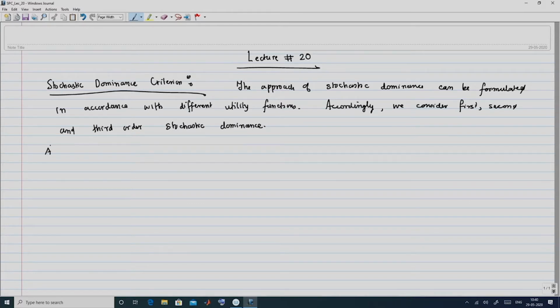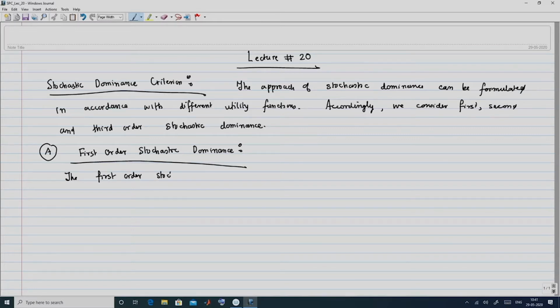Okay, so let me start with today's discussion, that is on first order stochastic dominance criteria.